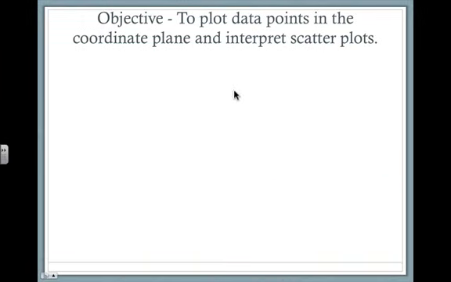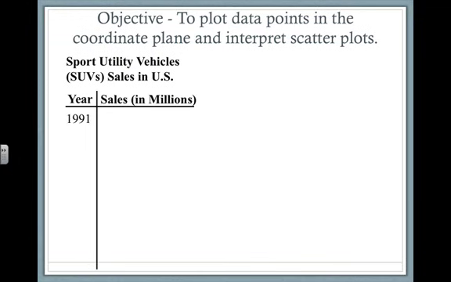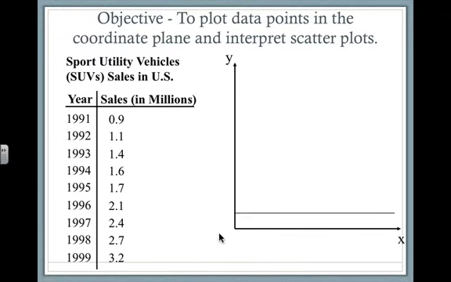And if we're going to take a look at scatter plots and interpret them, if we take a look at sport utility vehicles in the US over time, over a number of years, and the sales in millions of dollars, you'll note that as time goes by, there is an increase in the number of SUVs that were sold in the US.